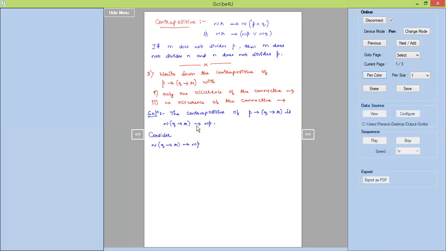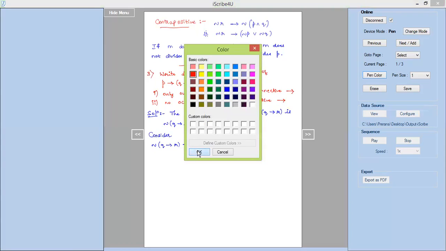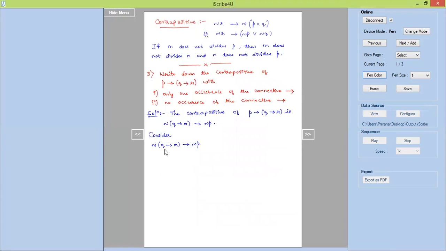Let us remove this conditional now first. What I mean to say is this is of the form P conditional Q, I am assuming.